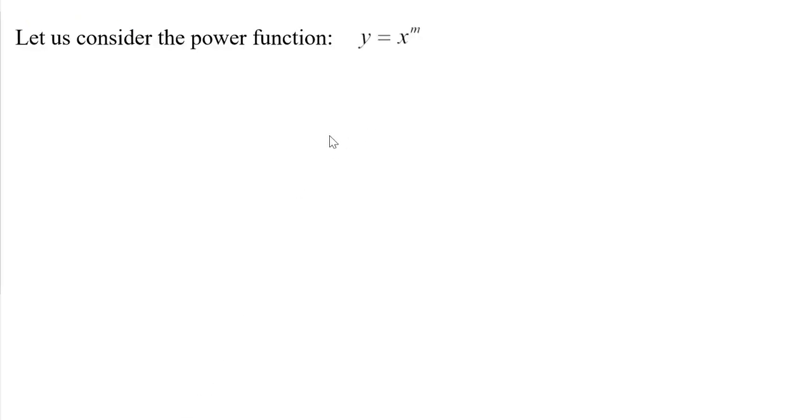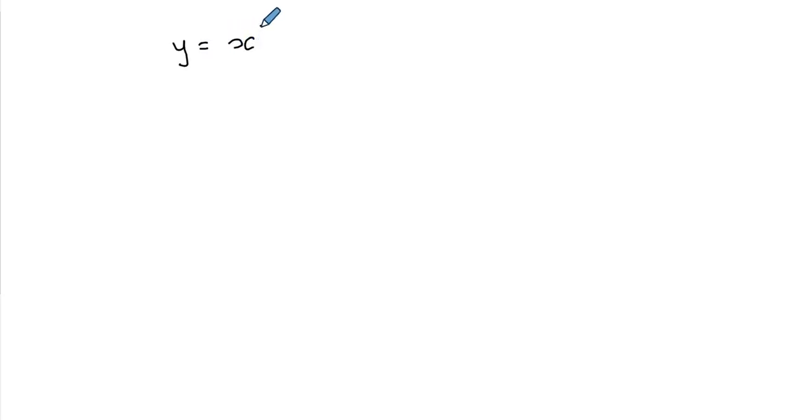We're going to consider the power function. But before we go deep into that, let's look at the following. Remember, if we're given a function y equals x to the power of 4, and we want the first order derivative, we simply say dy/dx and apply the power rule, which gives 4x to the power of 4 minus 1.